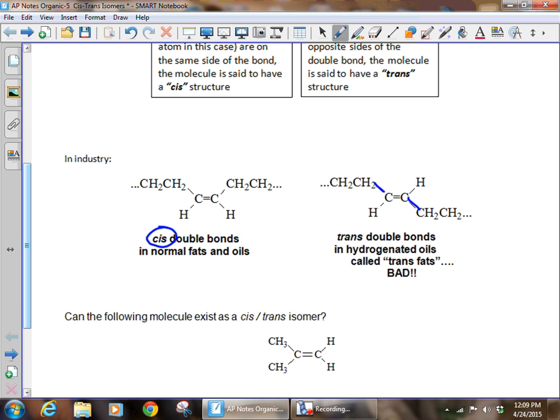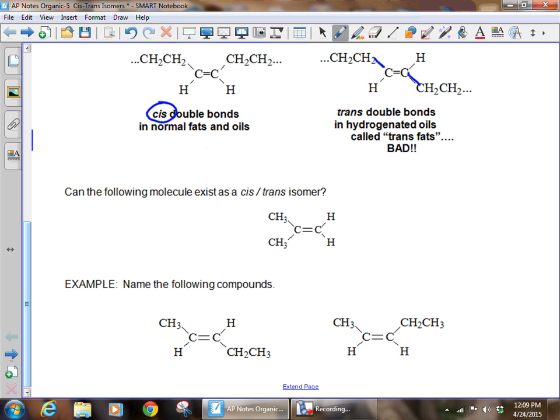Those non-hydrogen groups are on opposite sides of the carbon. That makes the fats last longer. They have a longer shelf life, but they do bad things in the body. They're called trans fats, and according to our new regulations, we shouldn't have any of those. They're very bad for the body. So that's where they get that term trans fats. It's from the cis-trans nomenclature.